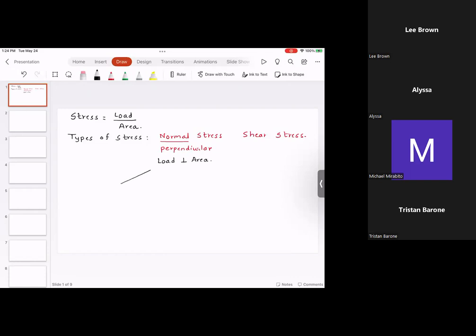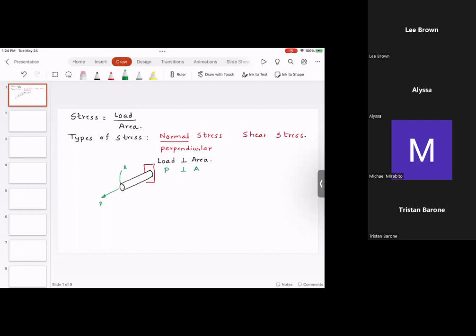So for an example, if you have a component like this, and it is loaded with load P, this area A is perpendicular to the load P. So as you can see, load P is perpendicular to area A. Now, again, the direction would dictate whether that component is going to get stretched or it would be squished.